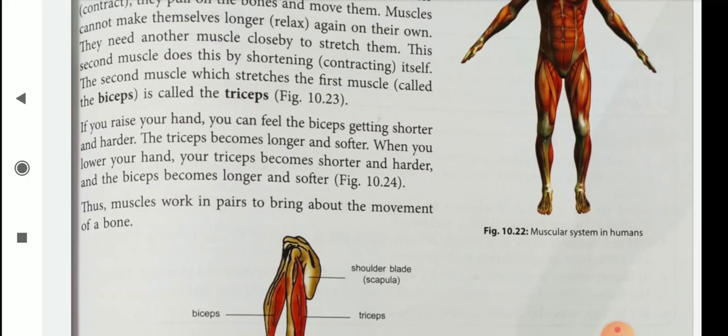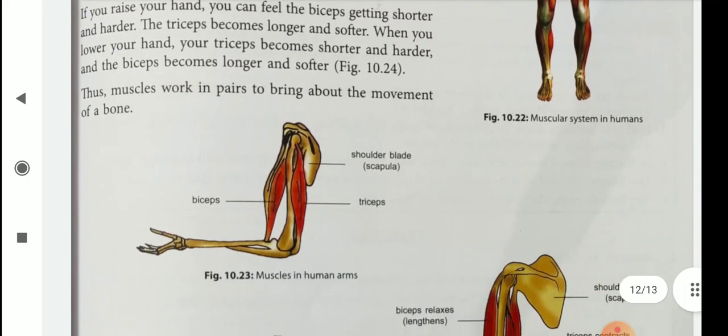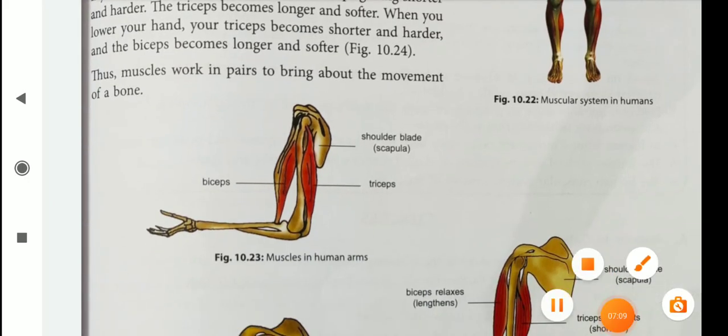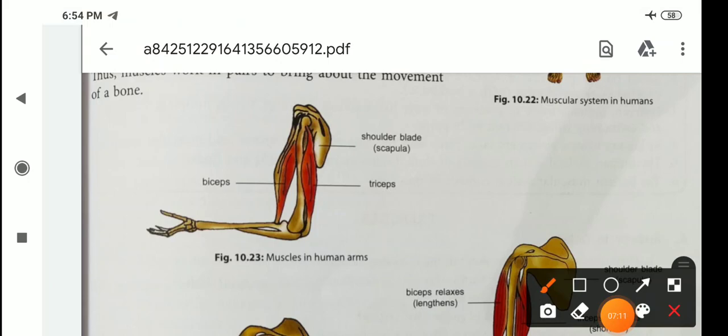Here, children, you see this figure. This is the biceps, this side is the contraction side, means shortening of the muscle, and this side is the triceps, where the muscle is in relaxation.